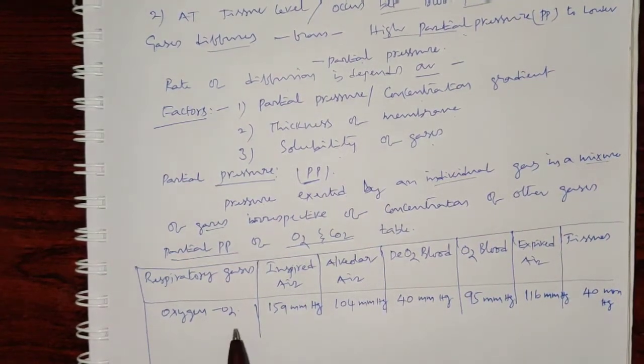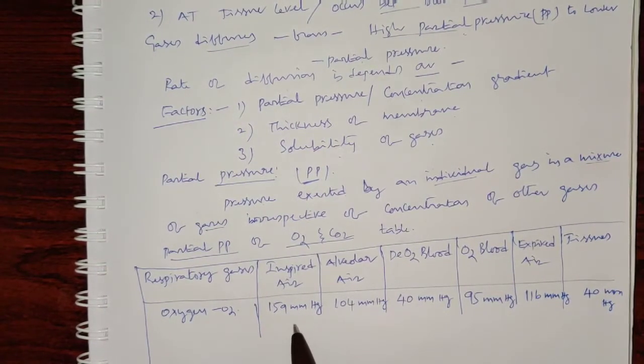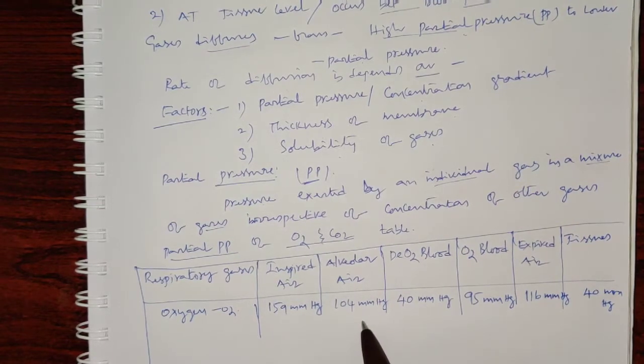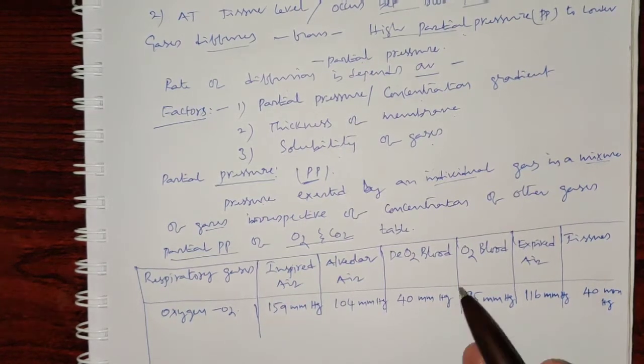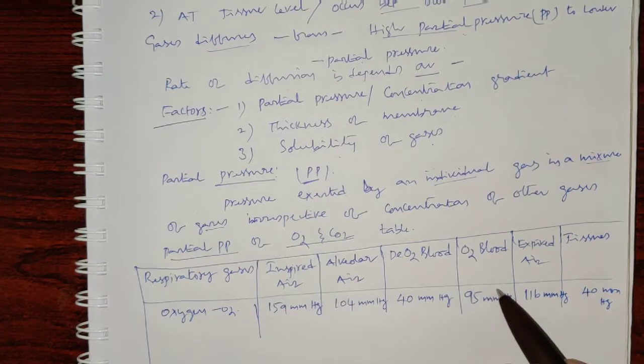So the partial pressure of oxygen in the atmosphere is 159 millimeter of mercury. The partial pressure of O2 in alveolar air, that means the alveoli of lungs, is 104 millimeter of mercury. Deoxygenated blood in tissues is about 40 millimeter of mercury.